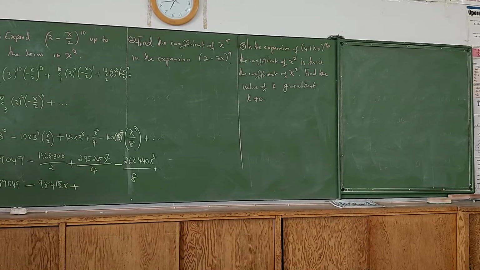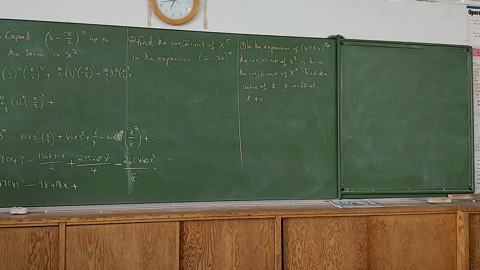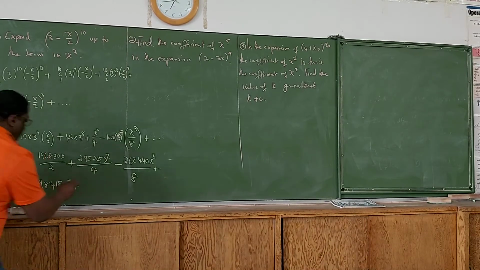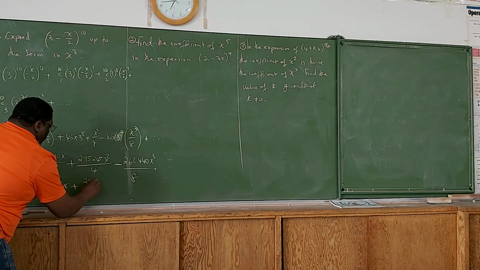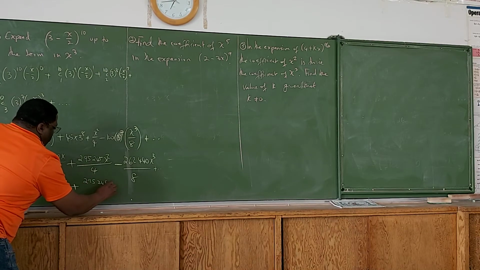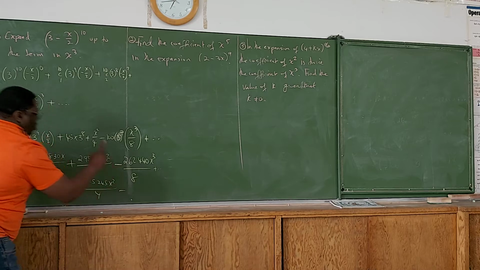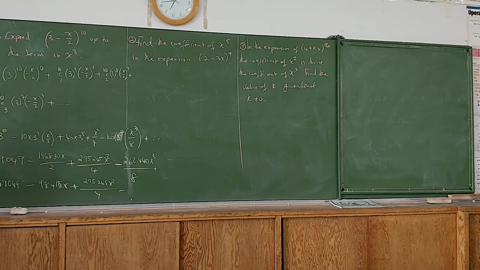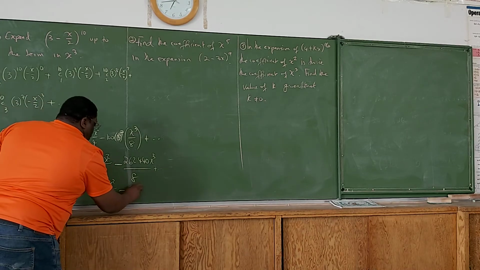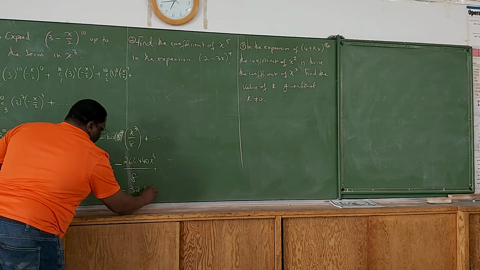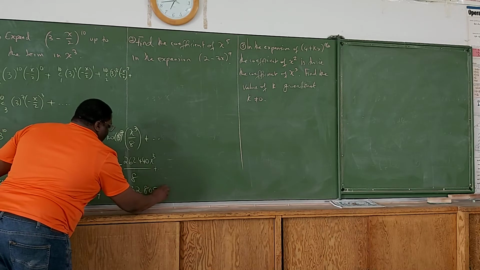The other one divided by 8. This one we're going to leave it as. This one is going to be what? 32,805 x to the power 3.